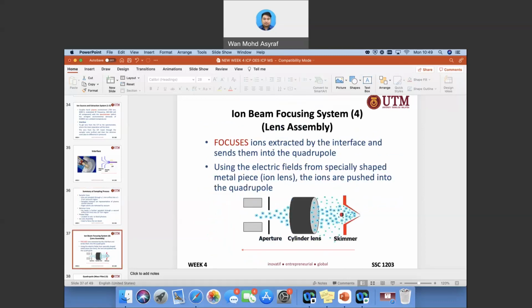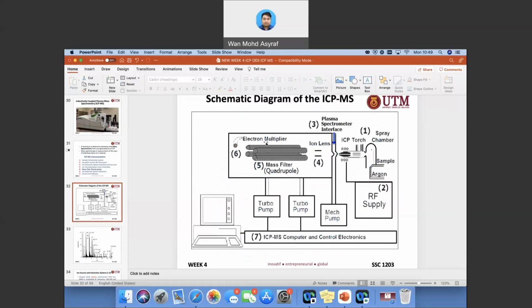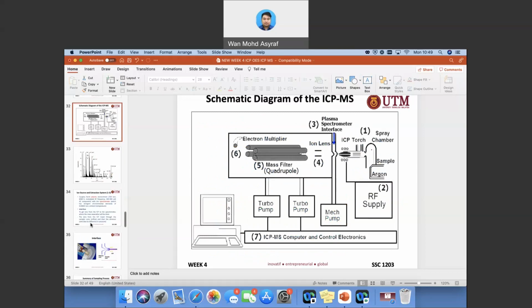All right, so what is the function of the ion lens? When we look into the ICP, this is the plasma. There is an interface here, which is the sampler cone, and then the skimmer cone, and then moving toward the ion lens.